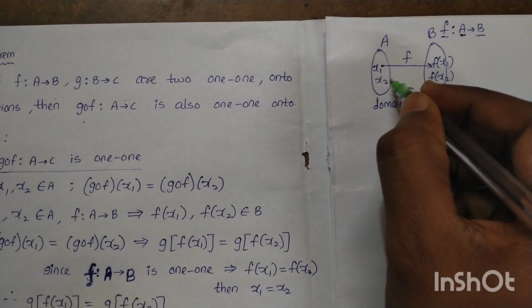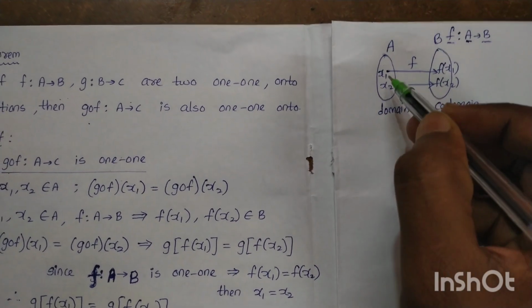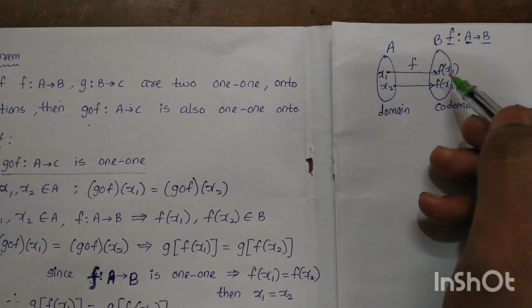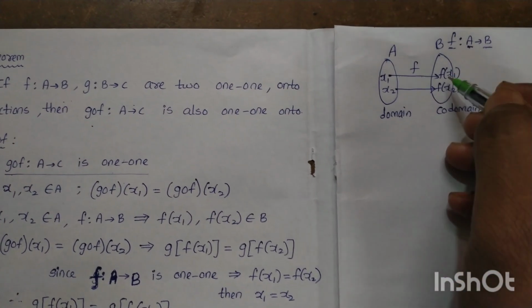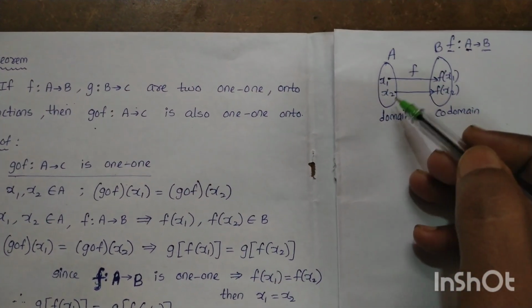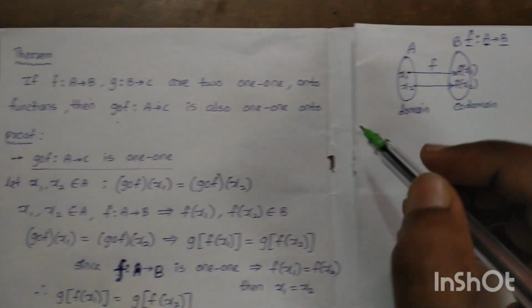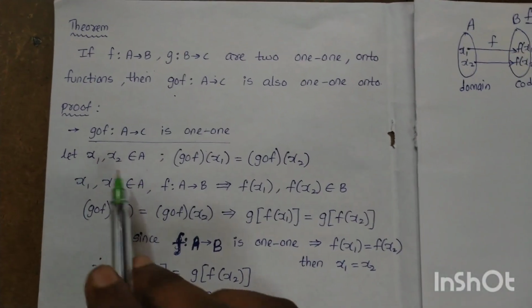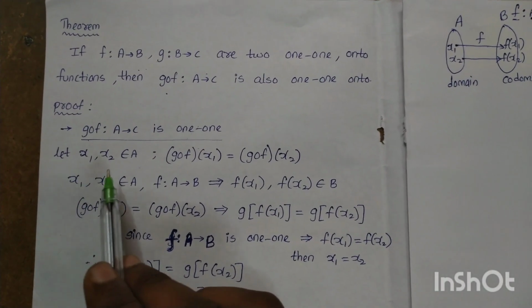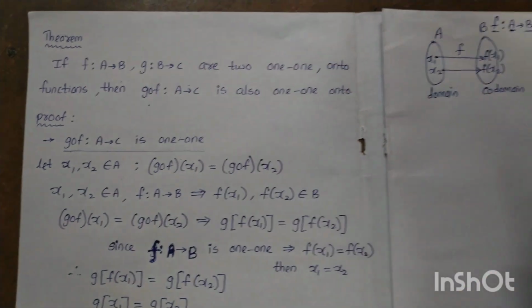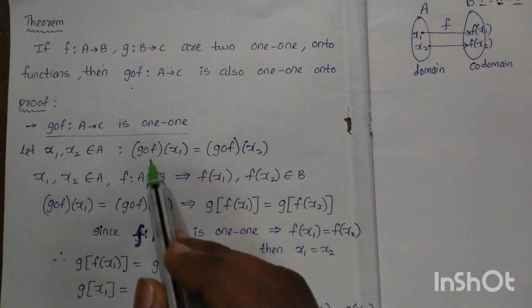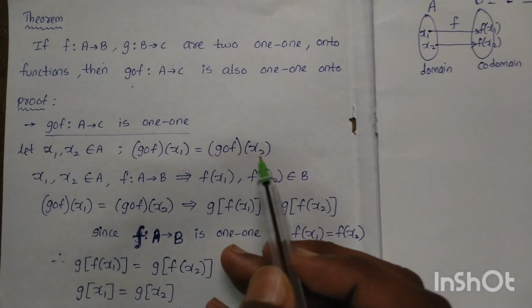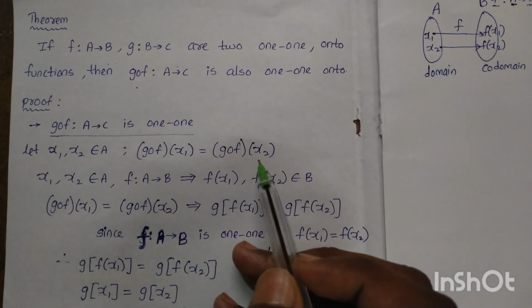X1 is mapped to f of x1 and x2 is mapped to f of x2, which are in B. So if you carefully observe the first line, they have given x1, x2 belong to A. Okay, so gof of x1 equal to gof of x2. This one we are assuming.